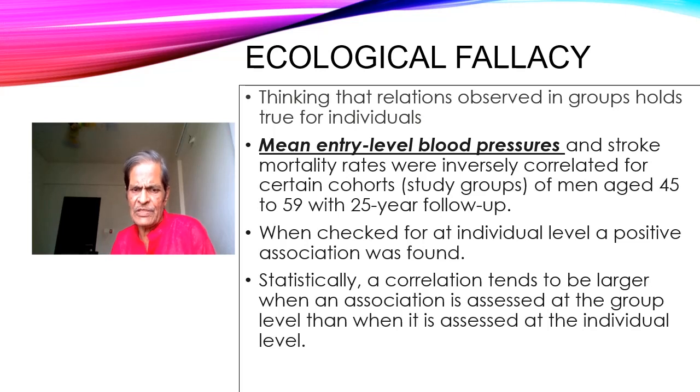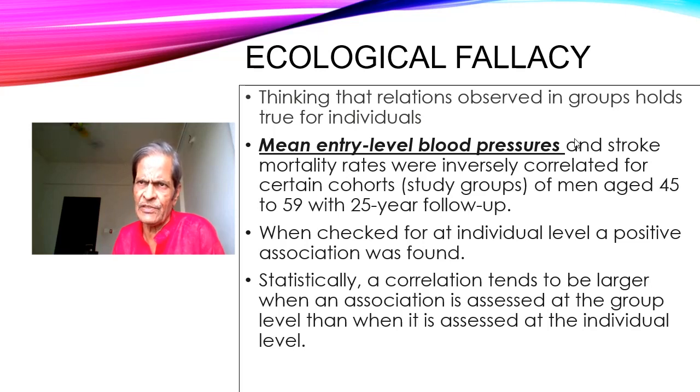So the mistake that was committed was found out when, from these groups, the individuals with high blood pressure were compared with the individuals with less blood pressure. Individuals from group 1, group 2, and group 3 having the higher blood pressure at the time of entry were segregated, and the individuals with less blood pressure were segregated.